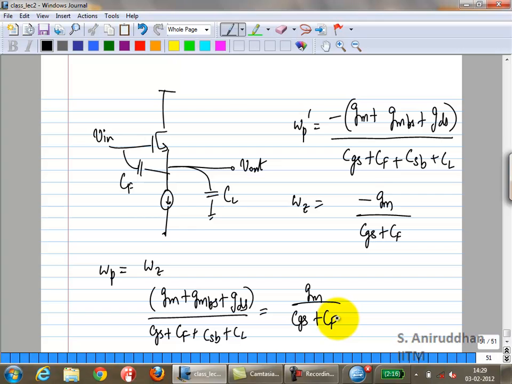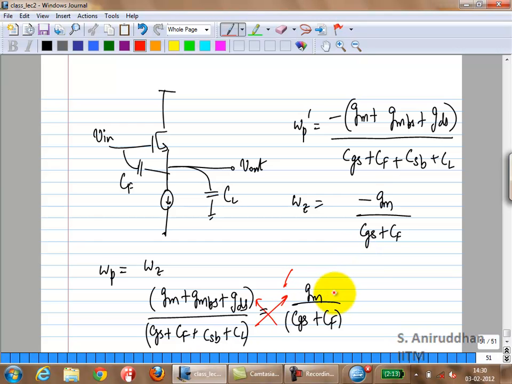Now you can cross multiply. What is easy is, you note that CGS and CF come together, so let's keep them together. If you cross multiply, on this side you are going to get GM times CGS plus CF. On this side you are going to get the sum of all these three. When you bring one over to the other side, GM will get cancelled. You just have GMBS plus GDS.